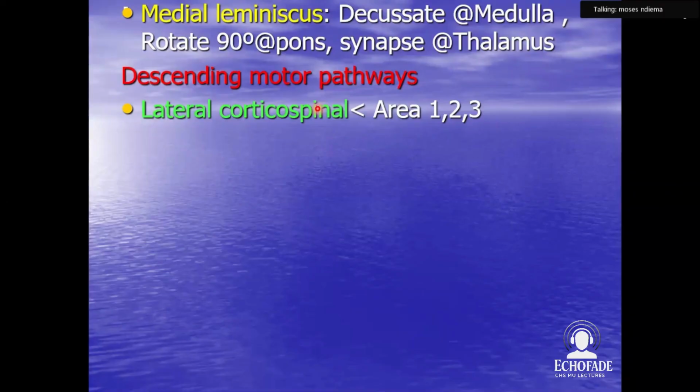These lateral corticospinal tracts, at the region of the medulla oblongata, the fibers cross over. The ones on the right cross to the left, and the ones on the left cross to the right. So that we call decussation. But these fibers are going to influence the basal part of the ventral horn, which is motor.